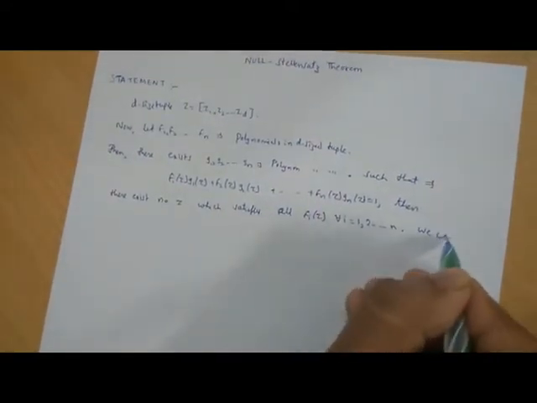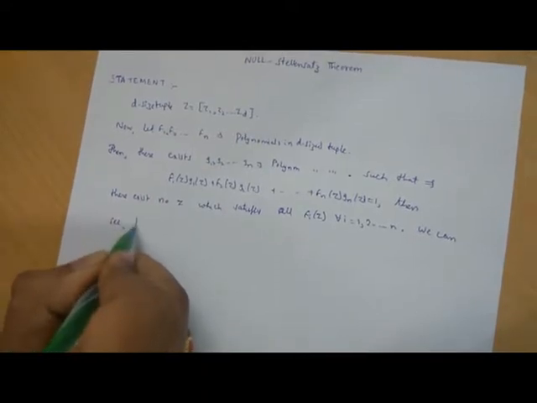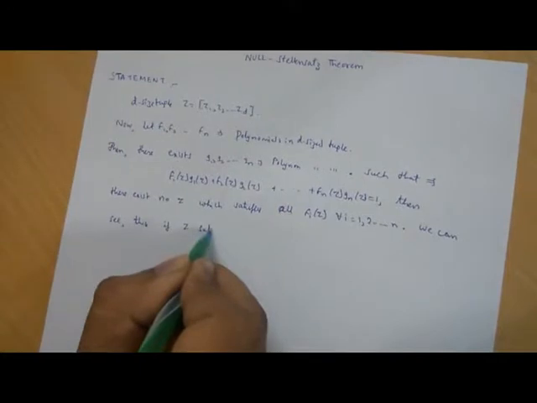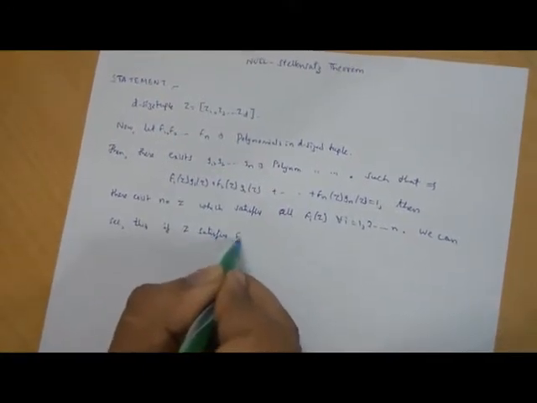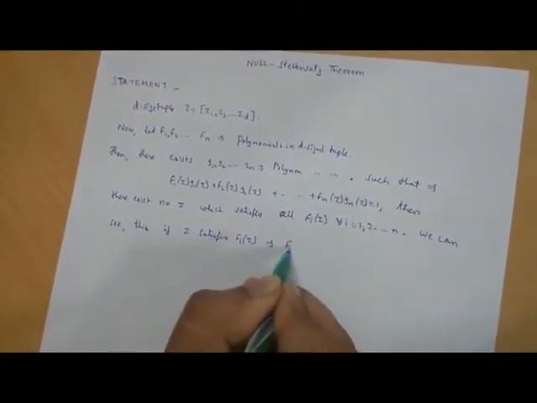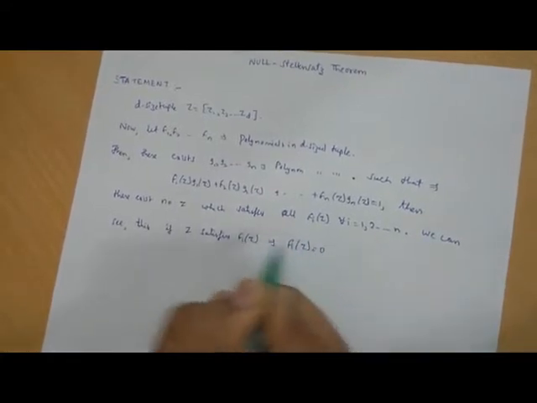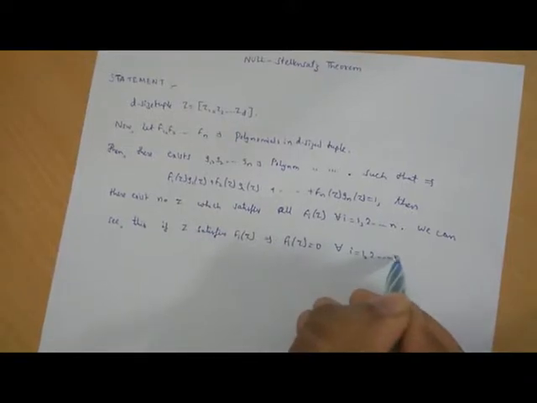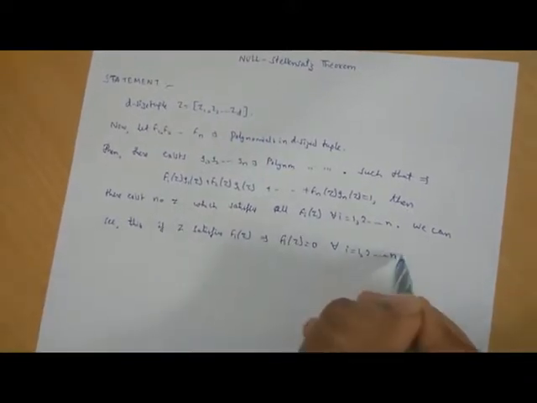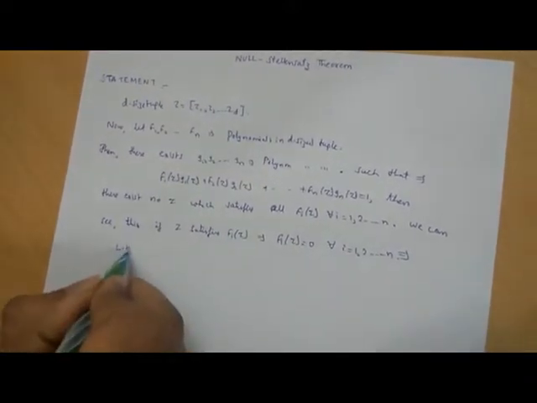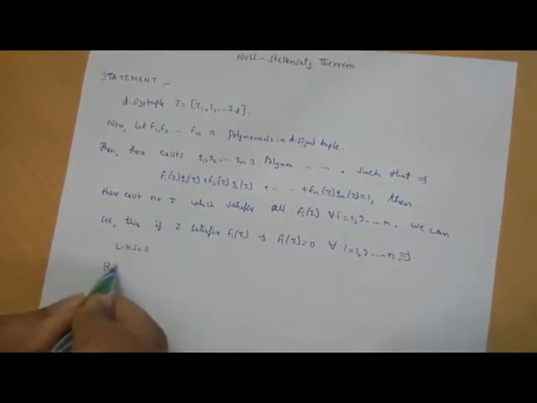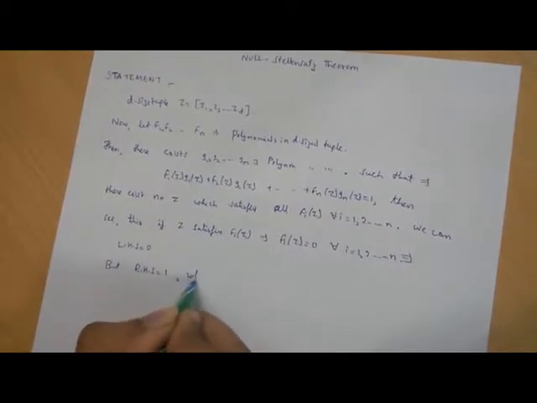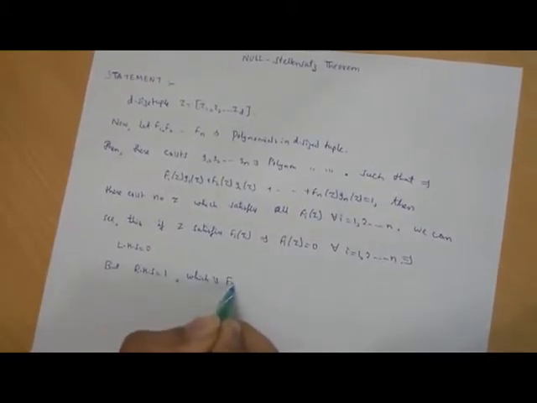We can see this as follows: if z satisfies fi(z) equals 0 for all i equals 1 to n, then this implies the left-hand side equals 0 but the right-hand side equals 1, which is false.